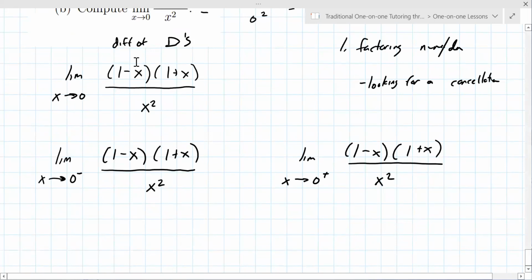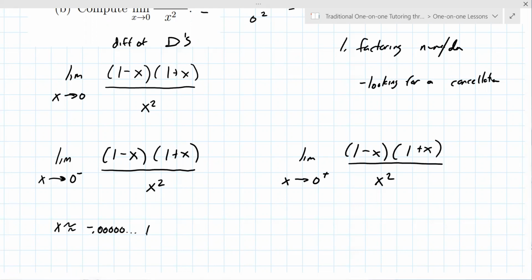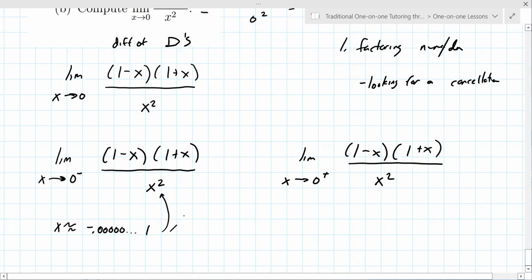So when you approach 0 from the left, you want to think of x being approximately minus 0.00000, a bunch of zeros and then a 1. Literally just a tiny bit left of 0. Then you attempt to evaluate it here, but you're looking at the sign.